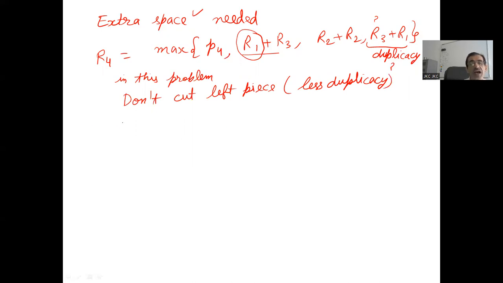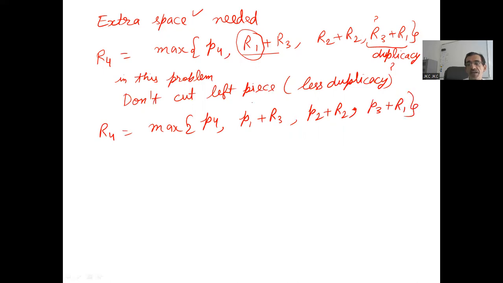What does that mean? I claim that R4 can still be solved by making it either P4, and then P1 plus R3, P2 plus R2, and P3 plus R1. Remember, here I have made P non-recursive. It's the direct profit array. I already have this as input.